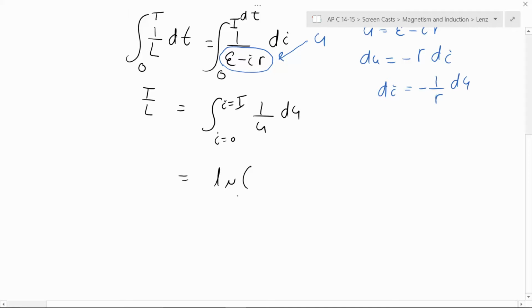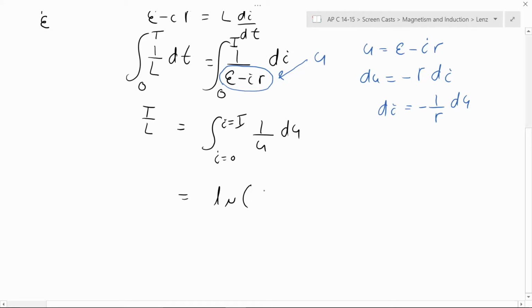Now, I'm going to skip a step here. U, we just saw, was E minus IR. So we're taking E minus IR, the ln of that, from I equals 0 to I equals capital I. Now, can't forget the multiplying by the dU. The dU in this case was negative R dU, and obviously the dU went away.